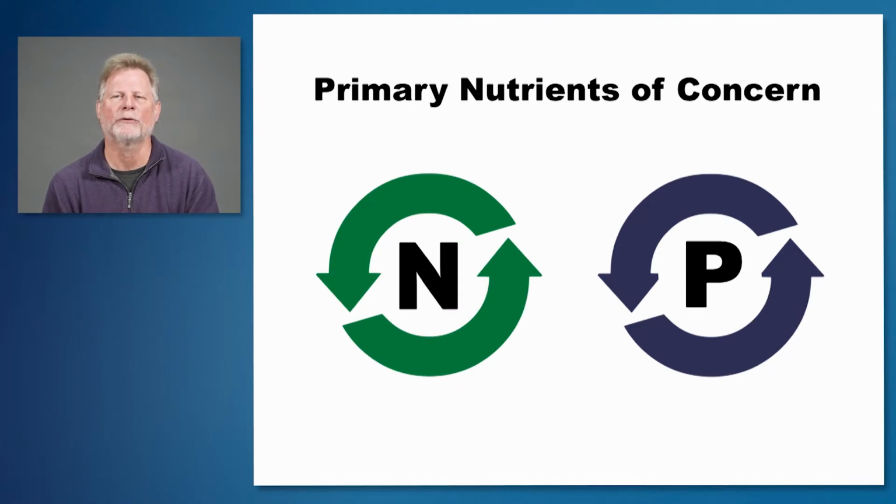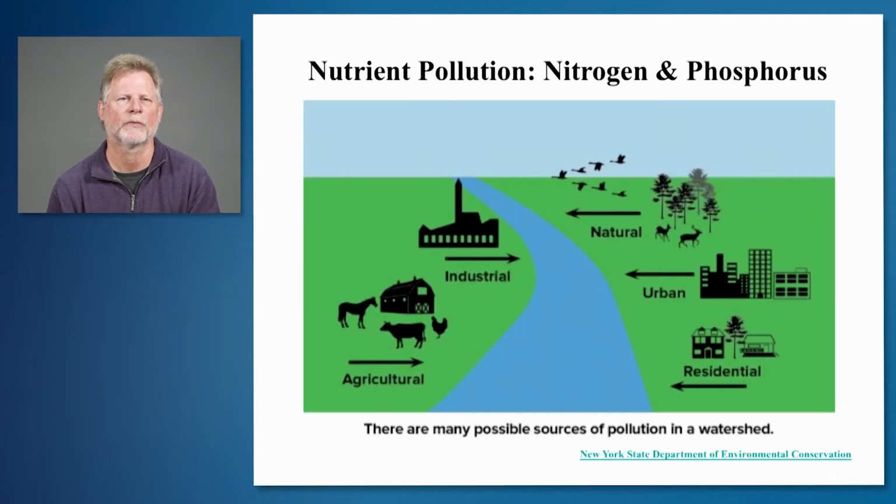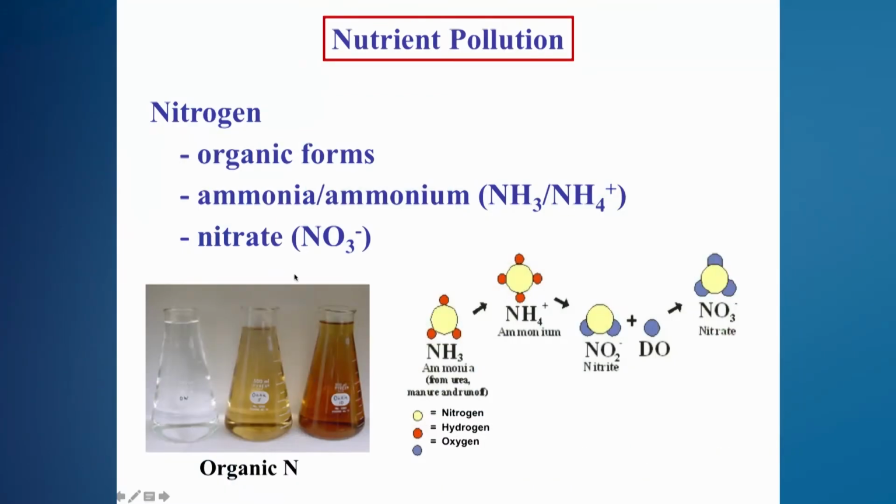The primary nutrients of concern in California rangelands are nitrogen and phosphorus. Nutrient pollution exists from both natural sources, which includes bedrock and wildlife, as well as numerous human activities. The nutrient pollution for nitrogen is important in terms of the forms of nutrients.